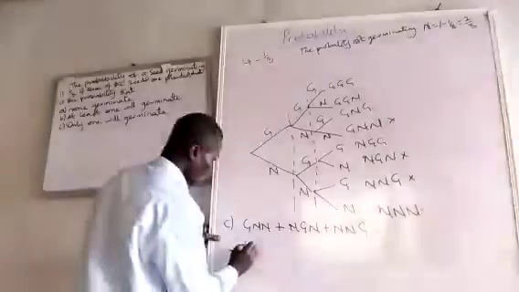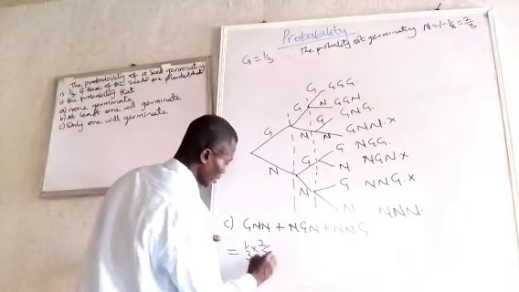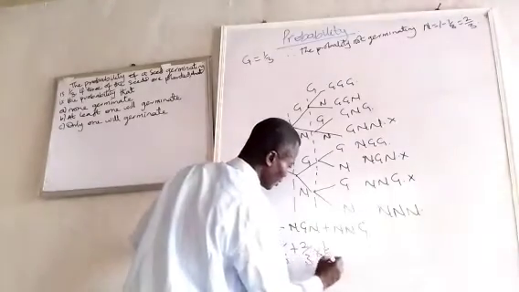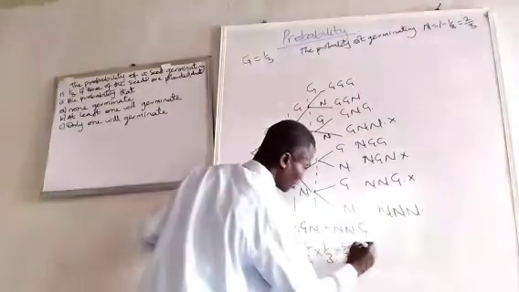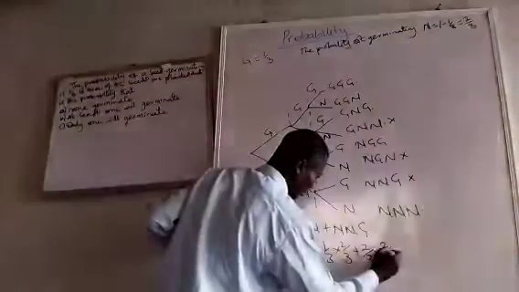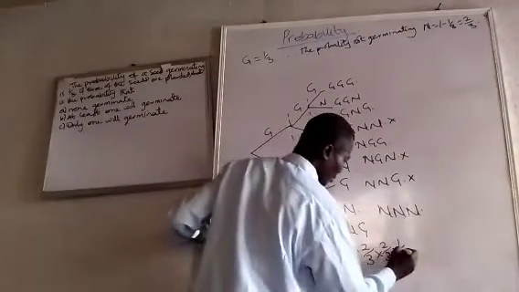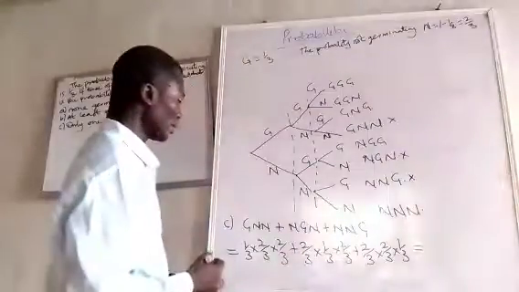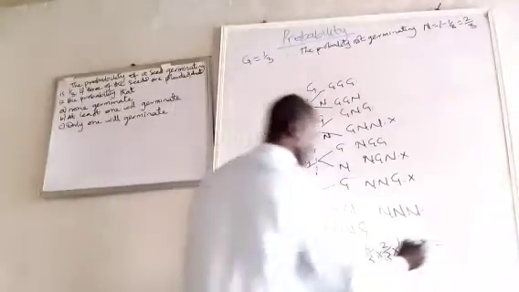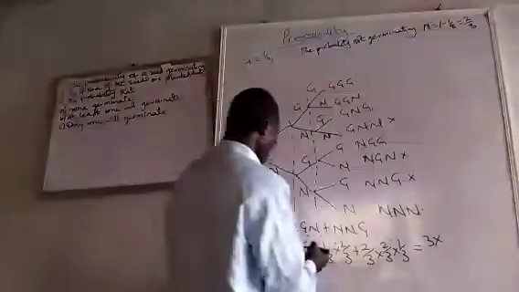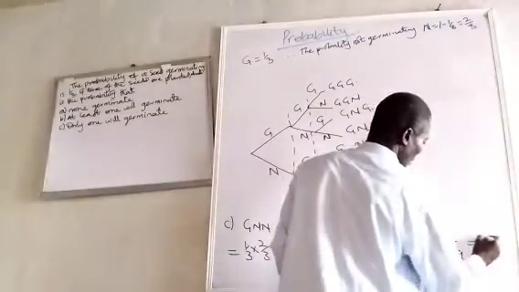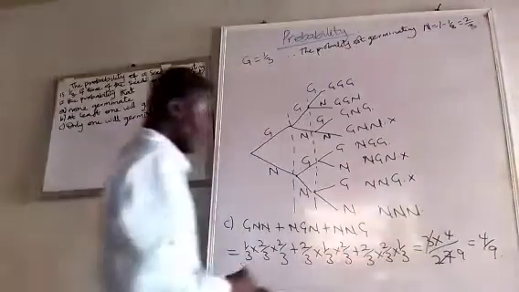That's 1/3 times 2/3 times 2/3 plus 2/3 times 1/3 times 2/3 plus 2/3 times 2/3 times 1/3. You can see you have the same numerator and denominator. So we have 3 times 4/27, which is 4/9. Very simple and straightforward.